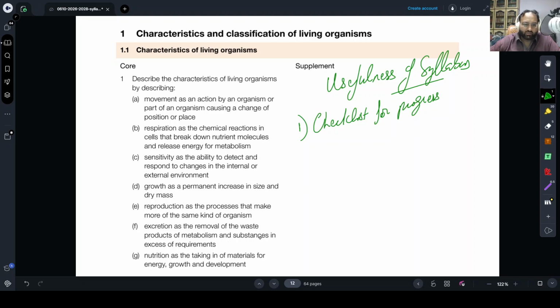This is the concept behind this, and so that brings me to the second usefulness of the syllabus: as a revision checklist. So not only as a checklist for progress, but a revision checklist where you can see, oh, this topic's covered. That's the concept, and they're not mutually exclusive points. And the third one is as a summary.